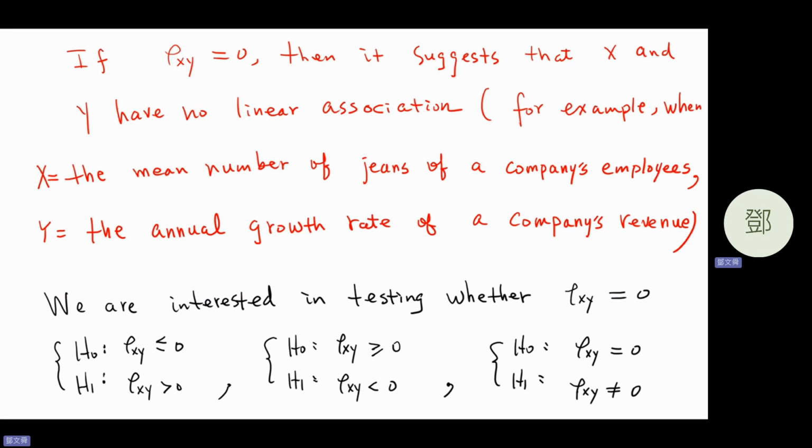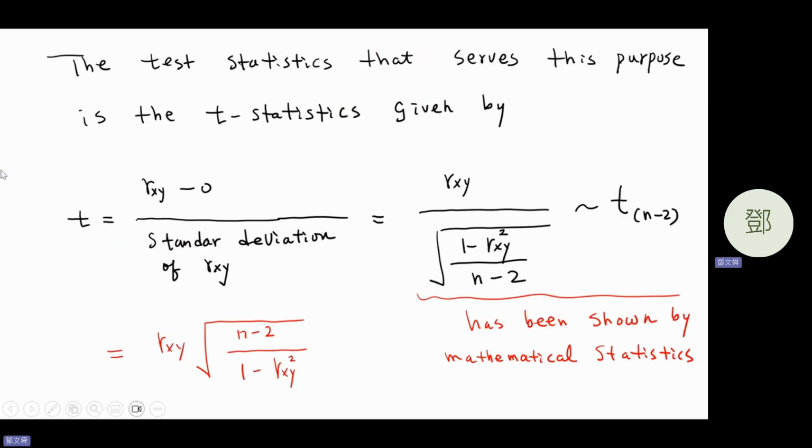That's what statisticians always do. We are testing the true one, but we don't know the true value, so we use the fake. What is the fake one? The fake one is r sub xy, little r xy. Any question? So this is the test statistic.